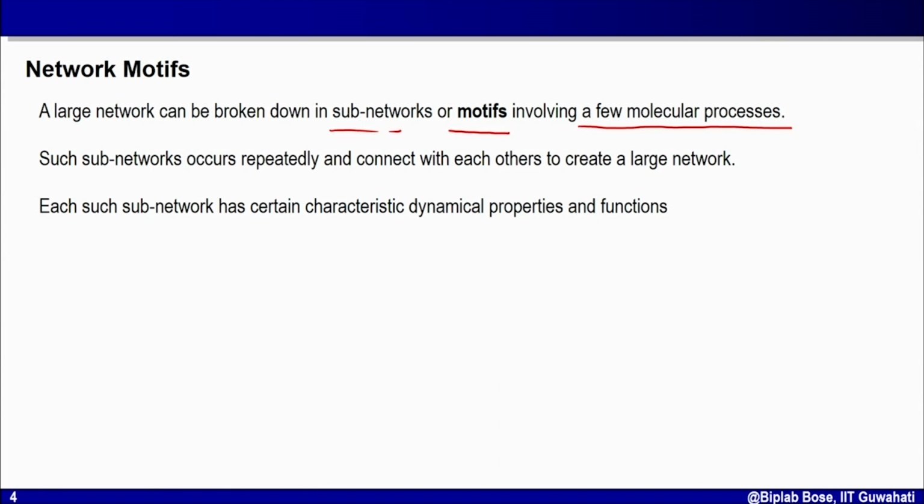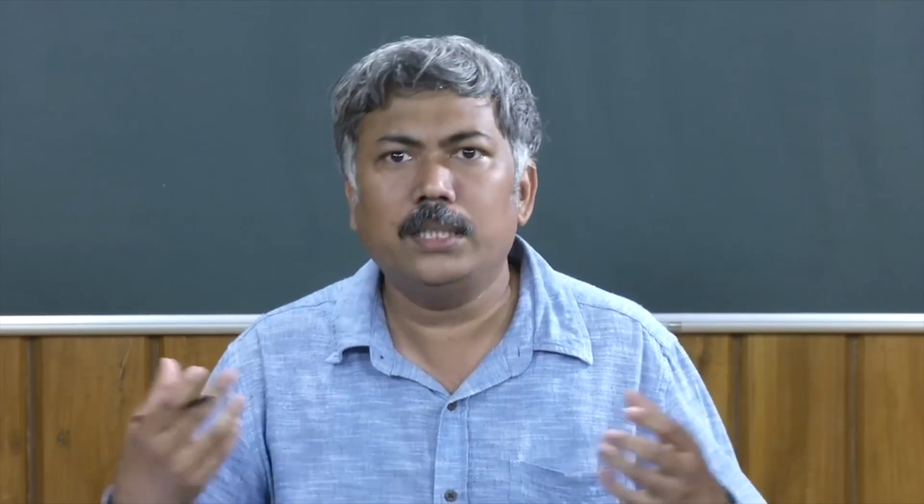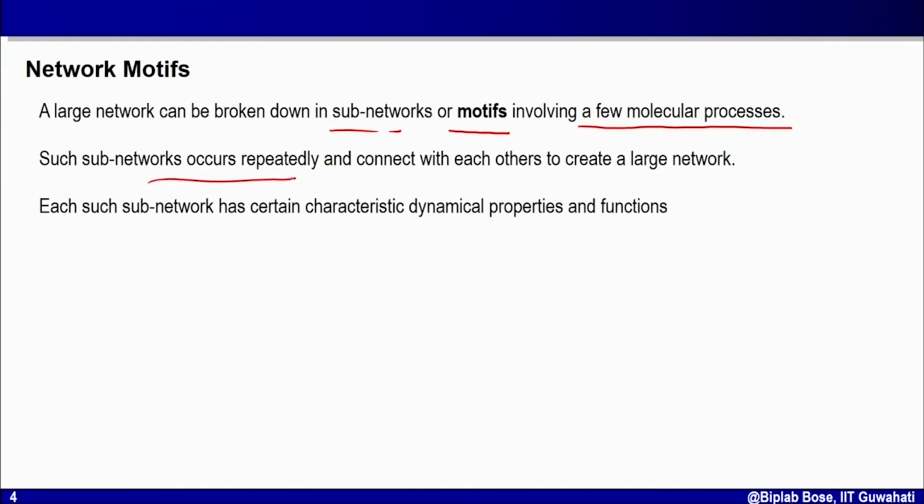One interesting thing about these motifs is that if you analyze multiple large networks, for example, a particular human cell line's transcriptional control network, or the transcriptional network in E. coli, and you break down all these transcriptional networks, which are quite large, involving thousands of molecules, into sub-networks, you will find that these sub-networks are a handful in number, but they keep on repeating. So these network motifs or sub-networks are actually repeated and connected together to create a large network.